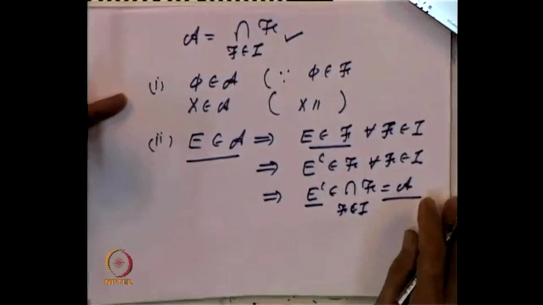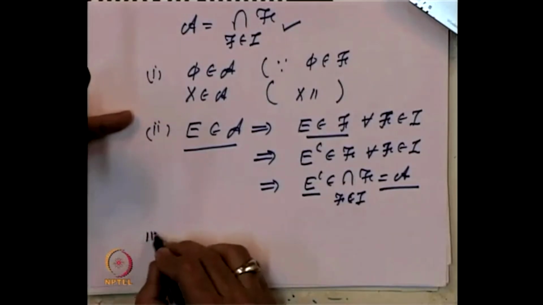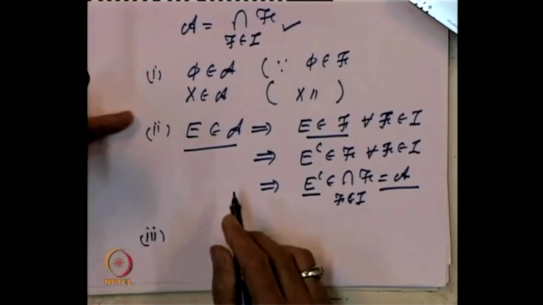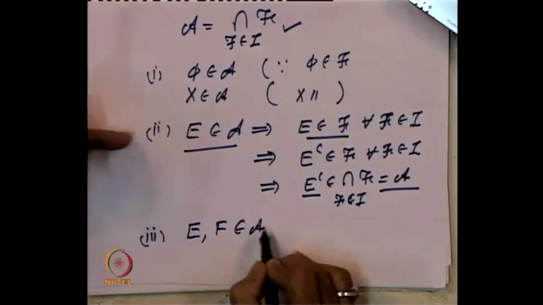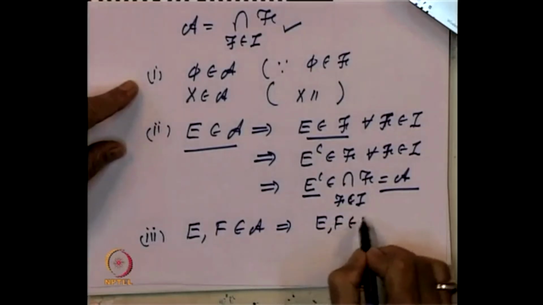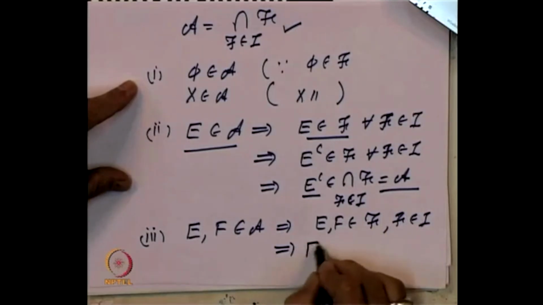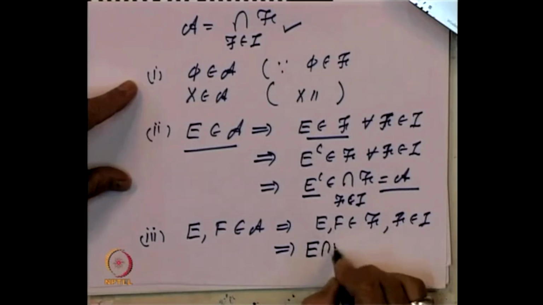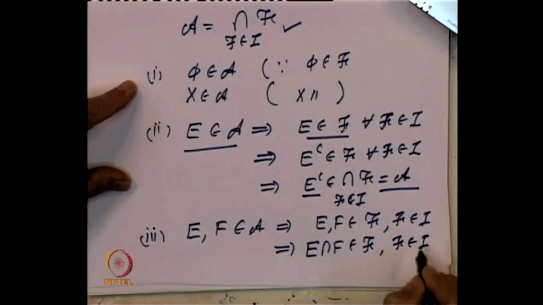So the class A is closed under complements, and let us finally show that it is closed under intersections also. Let us take two sets E and F belonging to A. Then E and F both belong to each F belonging to I. But that implies that E intersection F belongs to the collection F, because F is an algebra. That is crucial, and it is being used again and again.